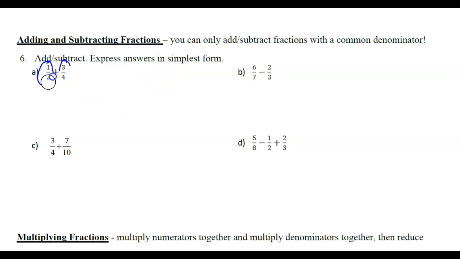Okay, what you want to think about is cutting the pizza into the same size pieces. So here, this says I've eaten half. So pizza cut in half, ate that whole big half of it. This says I've eaten 3 slices out of 4 if the pizza had 4 slices. So let's make this first pizza have 4 slices.